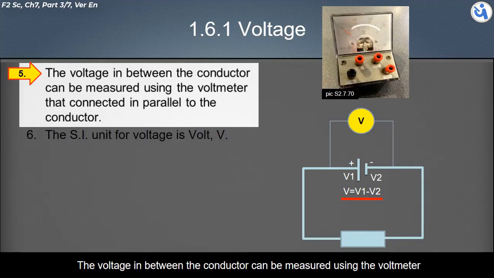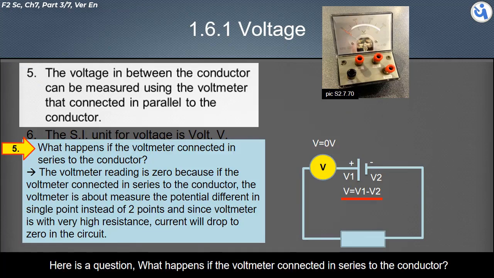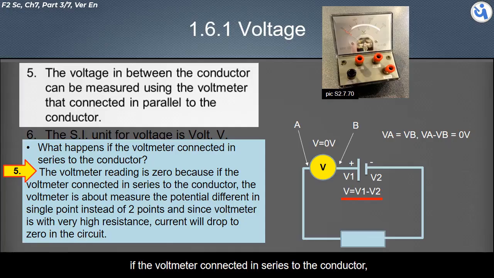The voltage between the ends of the conductor can be measured using the voltmeter that is connected in parallel to the conductor. Here is a question: what happens if the voltmeter is connected in series to the conductor? If the voltmeter is connected in series to the conductor, the voltmeter reading becomes 0.